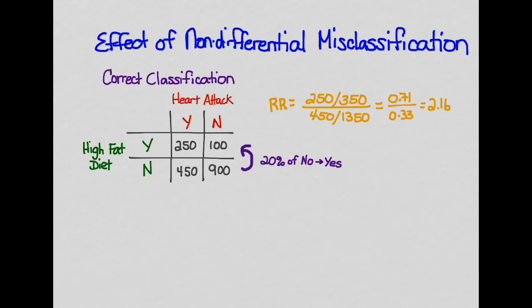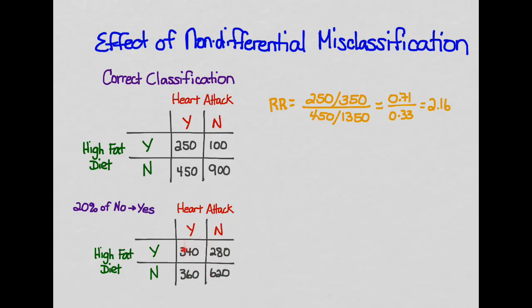So we're going to convert 20% of the no's that we have here into yeses. We know that this is the correct classification. Now we're going to look at what happens to the relative risk when we introduce misclassification that's random, that is, it occurs equally across groups here.